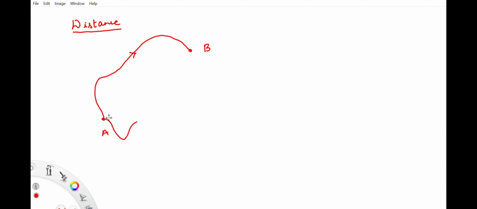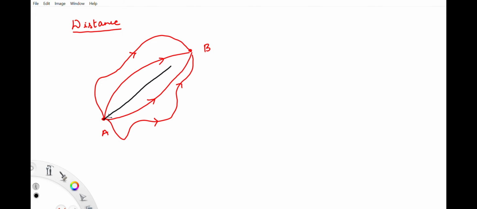I can move from point A to point B like this. I can move from point A to point B like this. I can move from point A to point B like this. But if I am to reach point B at the earliest, I can also move from point A to point B like this.